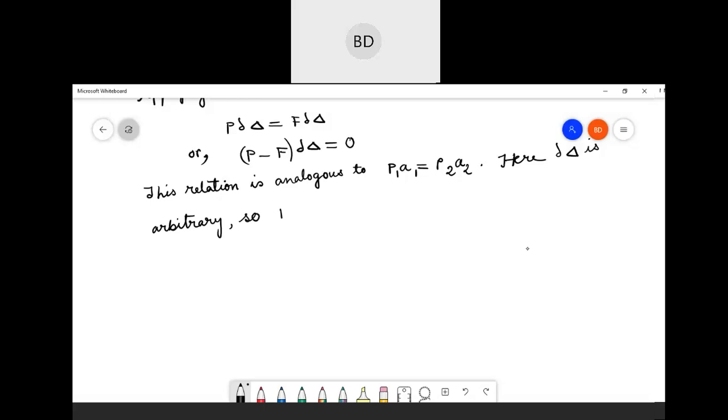So P minus F is equal to 0, an equation of equilibrium.